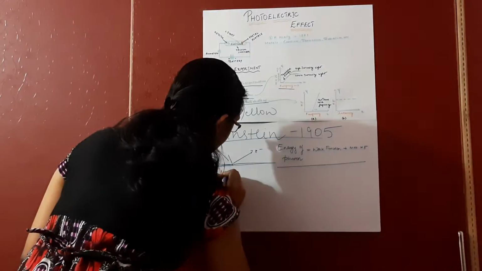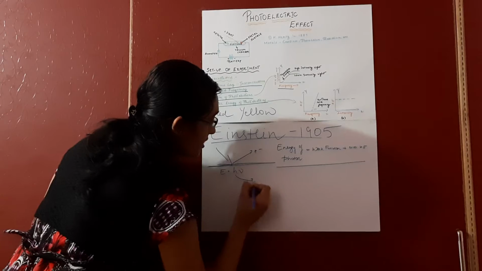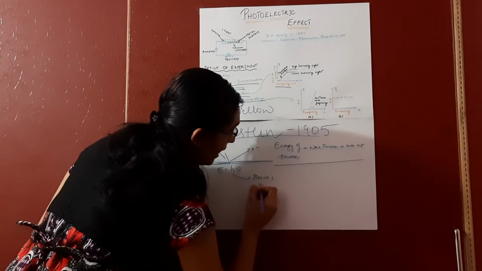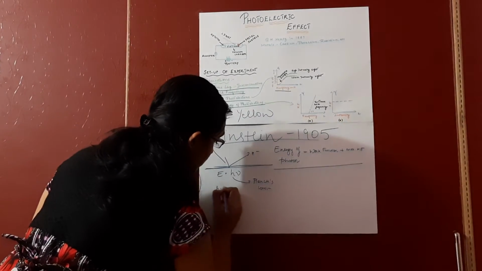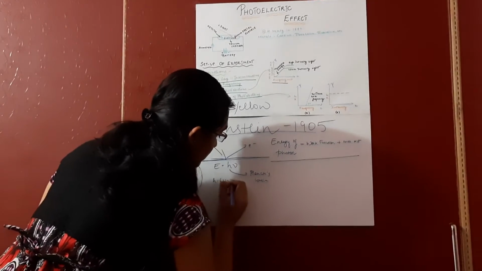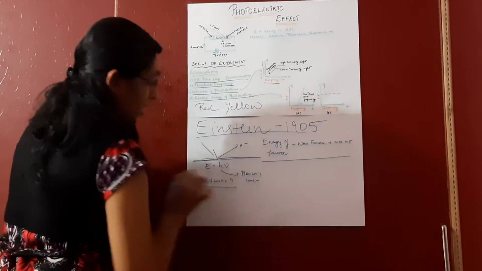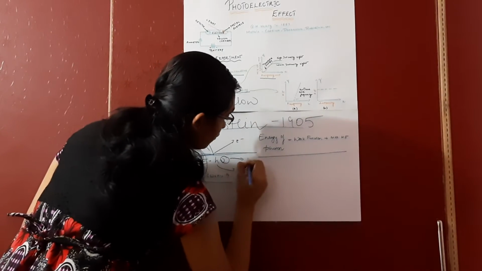The energy of the photon has a formula E is equal to h nu, where h is nothing but Planck's constant. Planck gave this constant and the value of the Planck constant is 6.626 into 10 to the power of minus 34. This is called Planck's constant and nu is nothing but frequency.